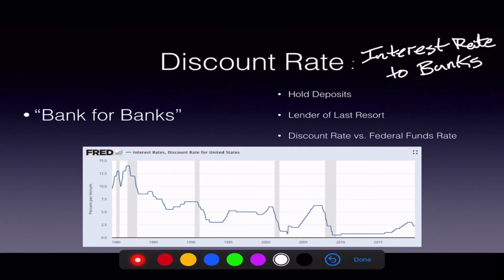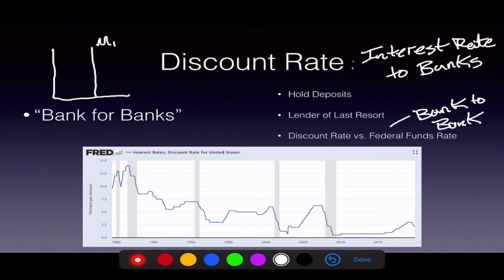We have to distinguish that from the federal funds rate. The federal funds rate is a bank-to-bank rate. And so changes in the discount rate will have an influence on the federal funds rate generally, but don't always have to. But if you want to think about the impact of a change in the discount rate on the money supply, well, if there were an increase in the discount rate, it would make it harder for banks to borrow money.